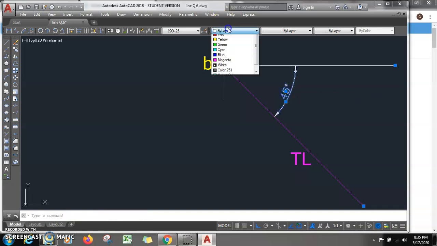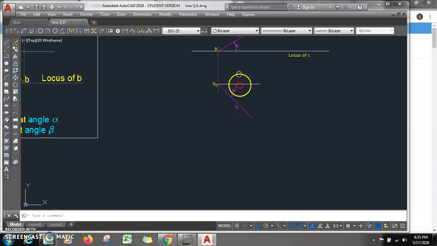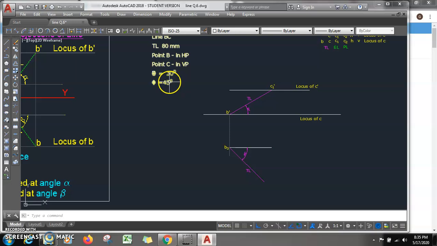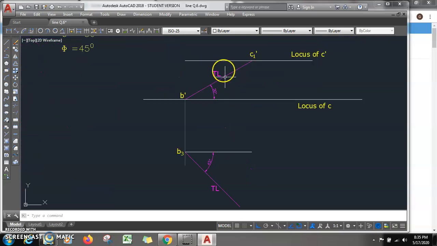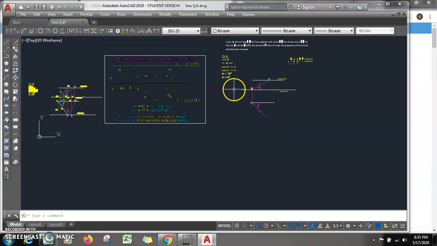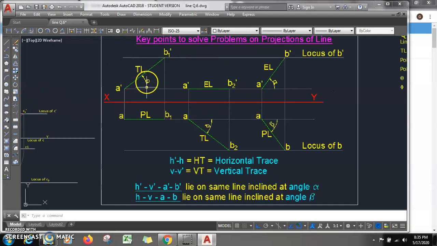Now, apart from this, is any data available? The true length is done, point B is in HP, C is in VP, theta, phi, everything is finished. Now the next thing is to follow the procedure. When true length is at angle theta, it will give the plan length parallel to xy in the top view.